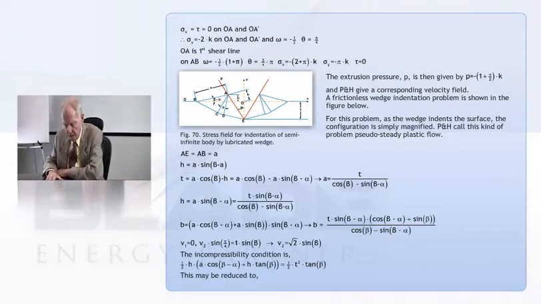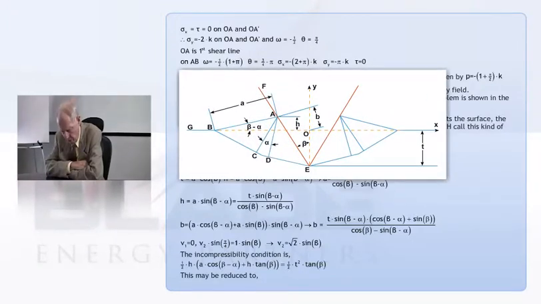So if you look at the figure, the only figure on that page, what we've done is we've got something that looks like a knife, and it's being pushed into a loaf of bread or something, and at least plastic bread. And maybe silly putty would be a better thing to be cutting into.